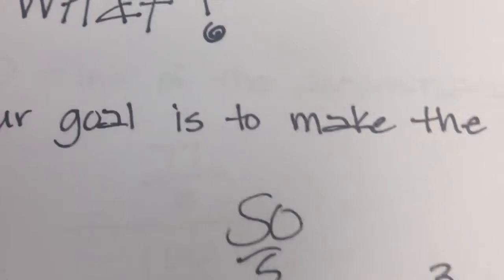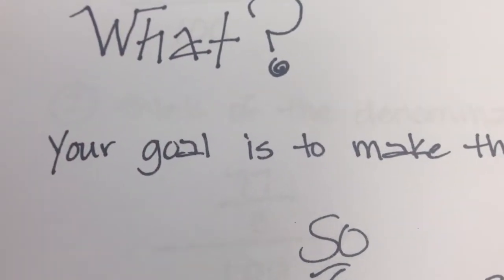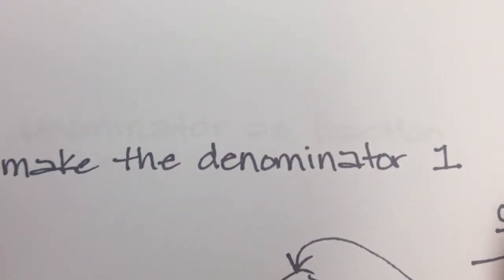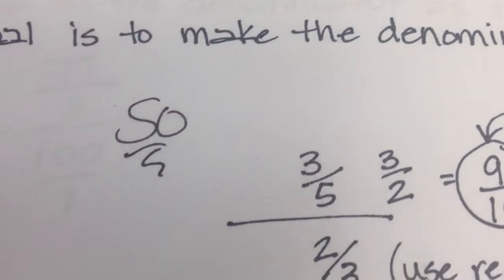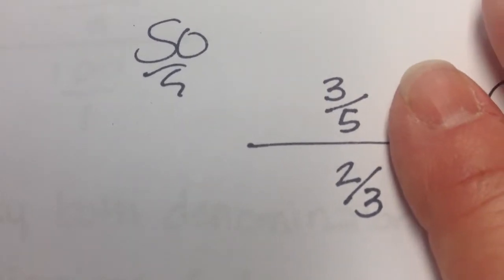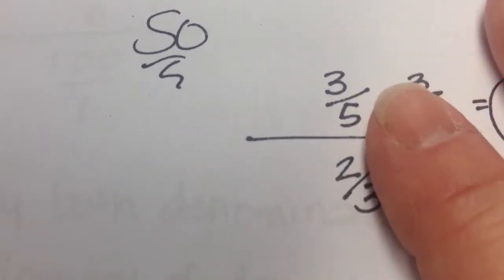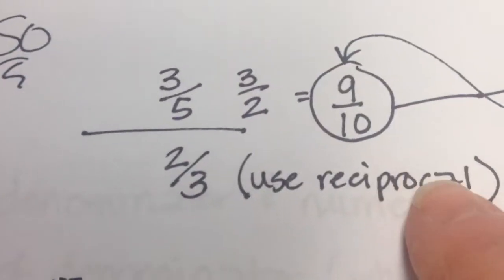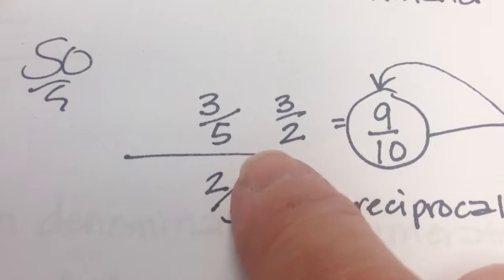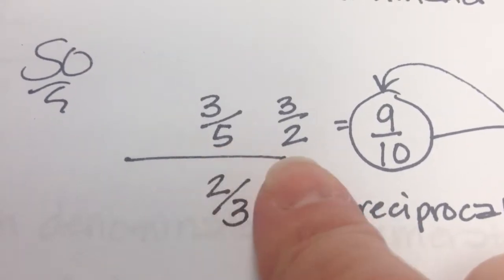Your goal, your mission, should you choose to accept it, is to make the denominator 1. Well, how do we do that? Easy peasy. If I have 3/5 over 2/3, I'm going to make my 2/3 a 1. I'm going to use the reciprocal. So I multiply 2/3 times 3 over 2. That turns this into 1.